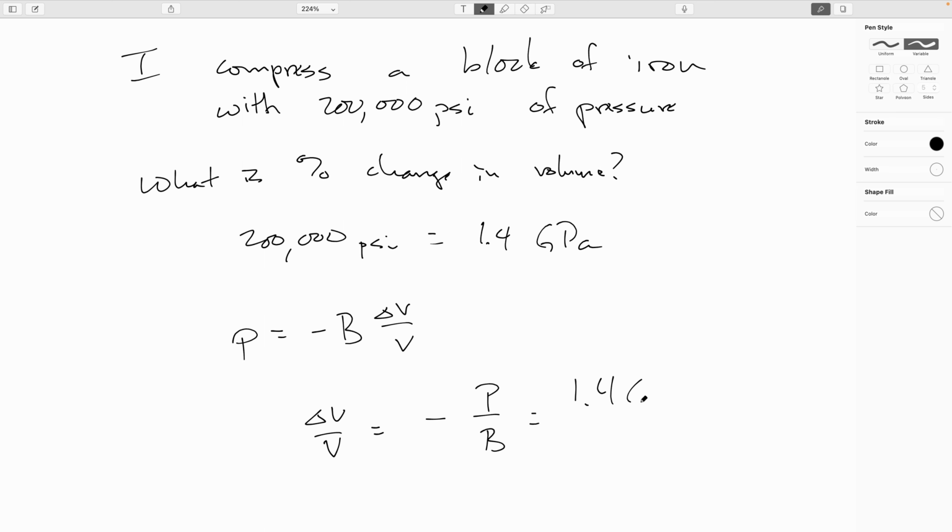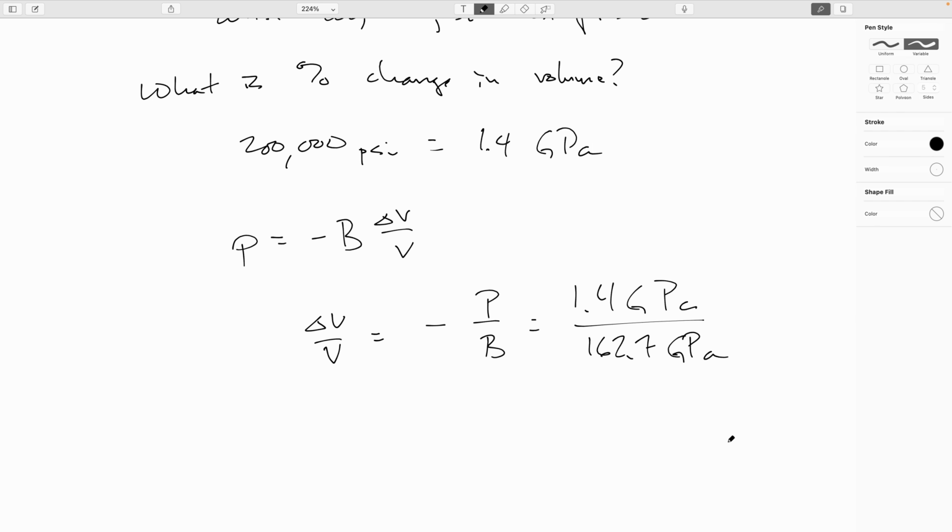So this will be 1.4 gigapascals over a typical number for iron, something like 162.7 gigapascals. It depends on the alloy, it depends on the crystal structure, etc. But just to give you some sense of this, you can see that this is a little less than 1%. It's going to be minus 0.0086. So it will compress by about 0.86%.